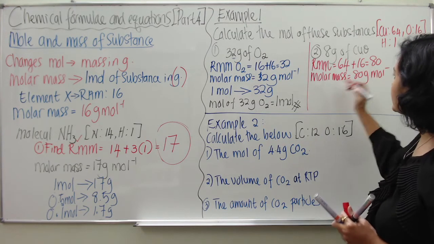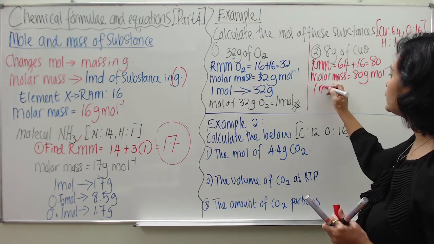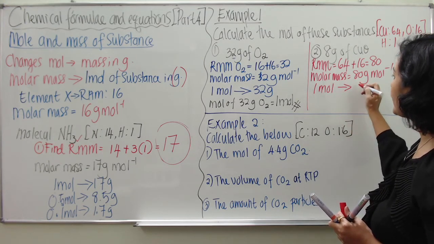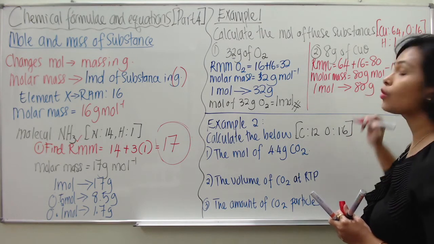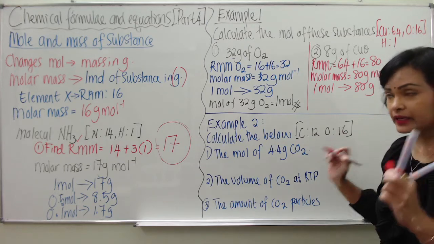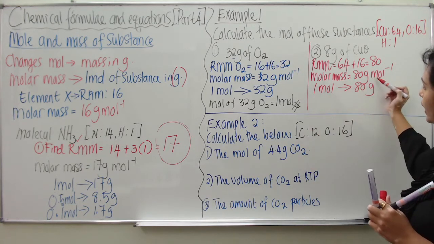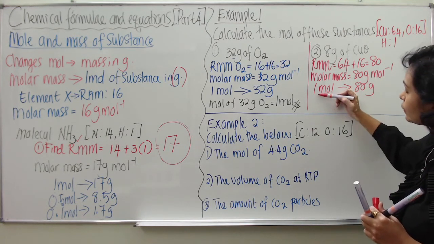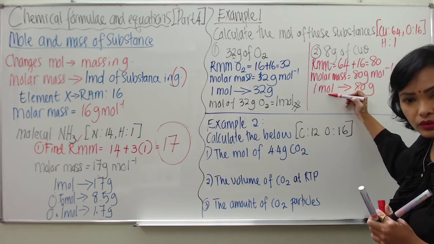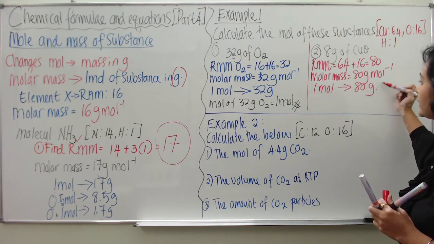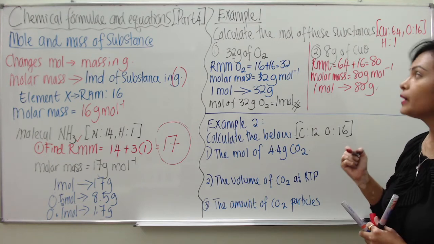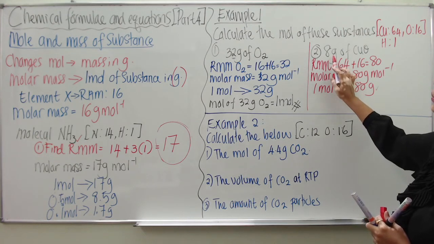What does it mean? In order for me to get 1 mole, I must weigh 80 grams of copper 2 oxide. Thanks to molar mass, this shows me that in order to get 1 mole, we must have 80 grams of copper 2 oxide. But unfortunately, we only have 8 grams.